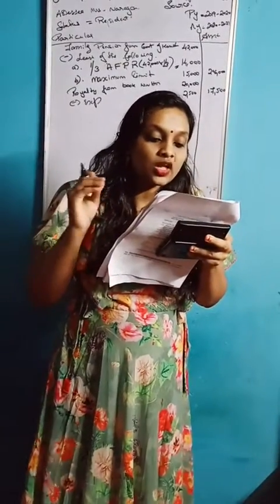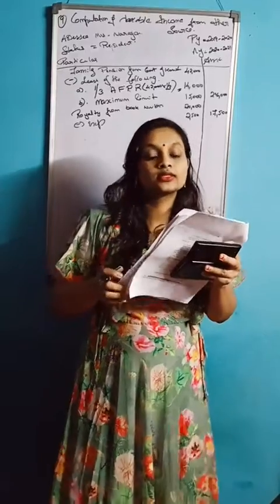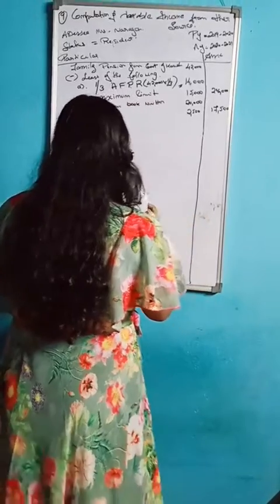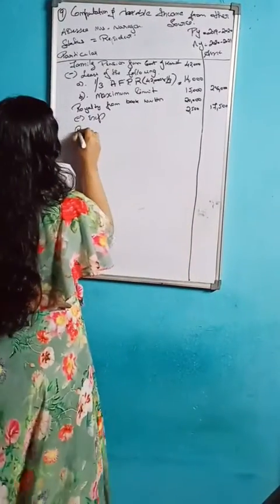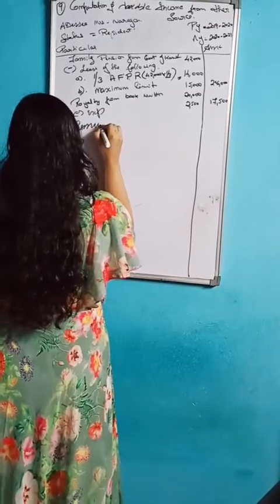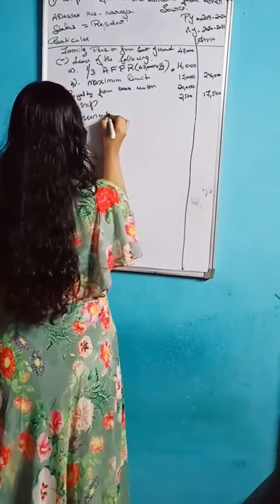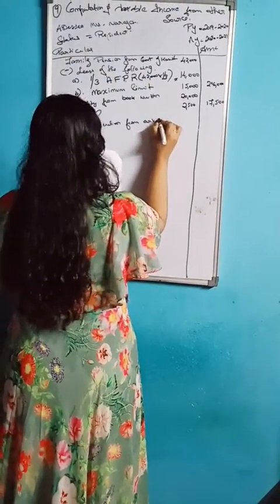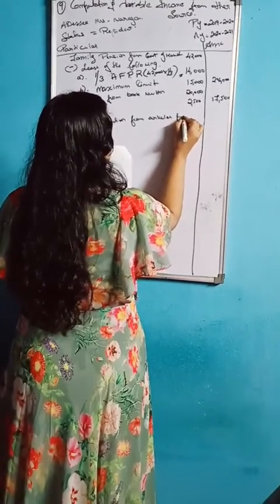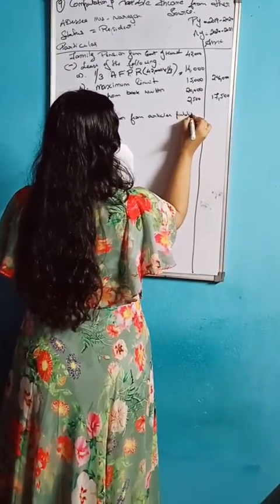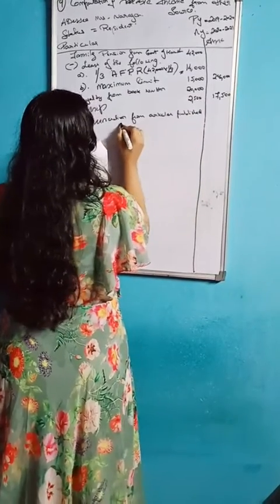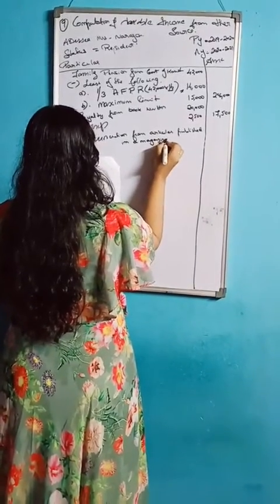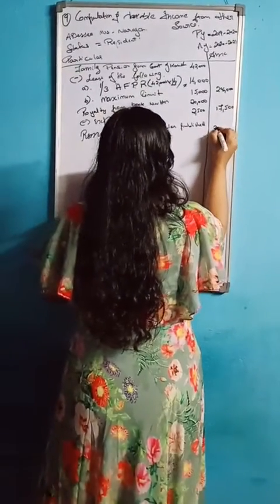Next, remuneration of article published in magazines rupees 2,000. That is also taxable. Remuneration from articles published in a magazine is 2,000.